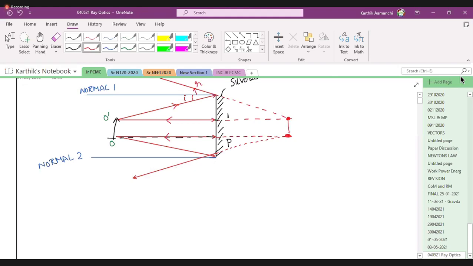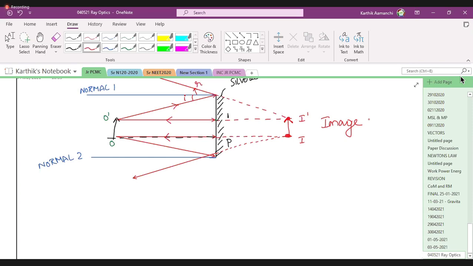So it appears as if there is some object here on the other side of it. Yes, sir. This is your image formed in the mirror on the other side.